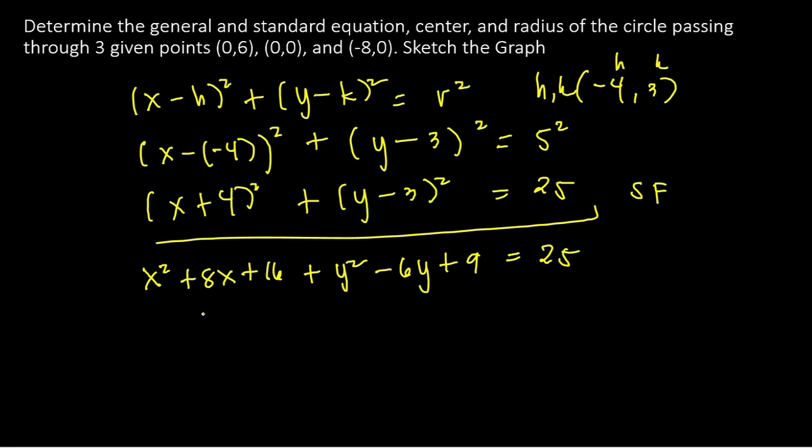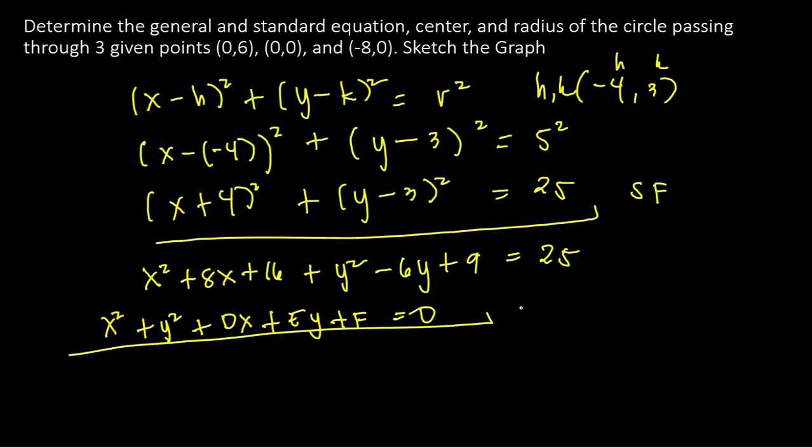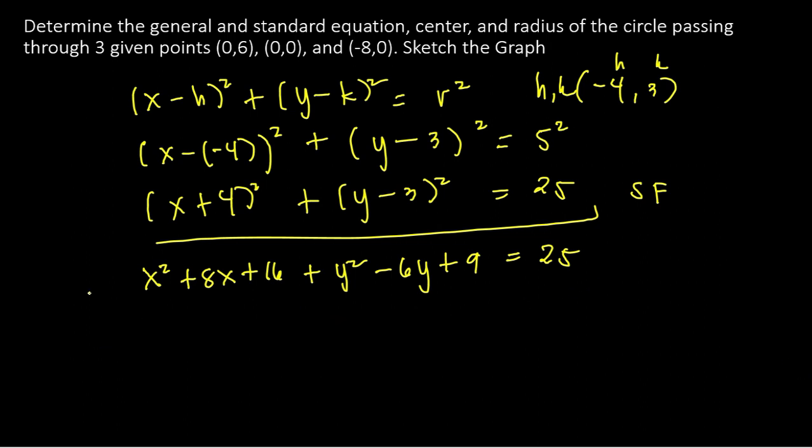So, next naman, i-arrange naman na natin siya ayon doon sa general equation ng circle, which is x squared plus y squared plus Dx plus Ey plus F is equal to 0. So, ito yung ating general equation sa circle.